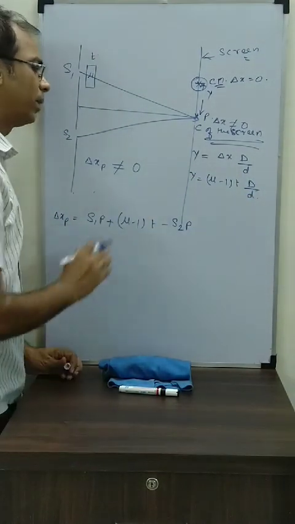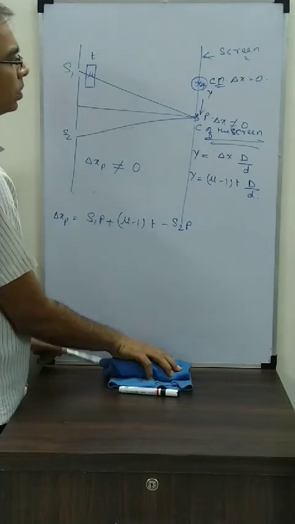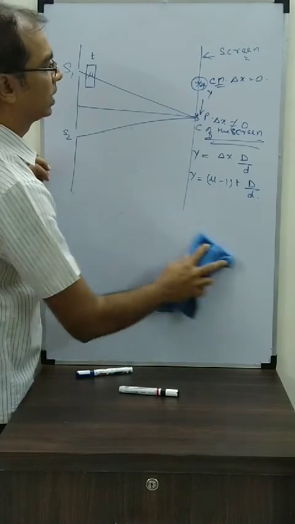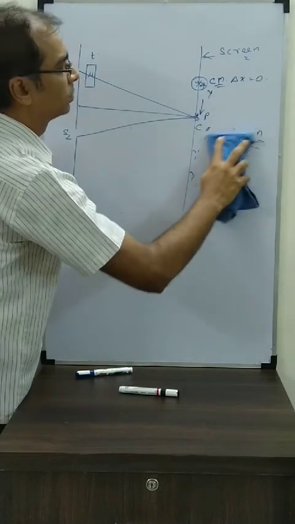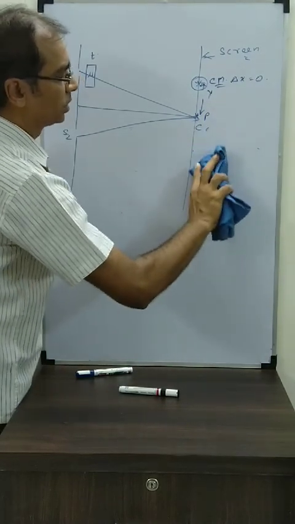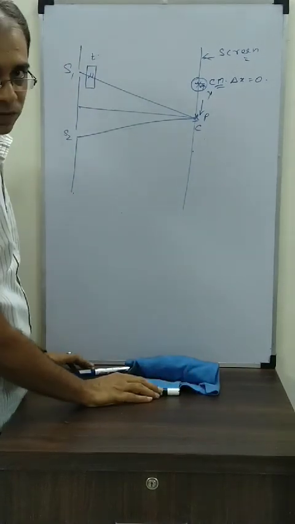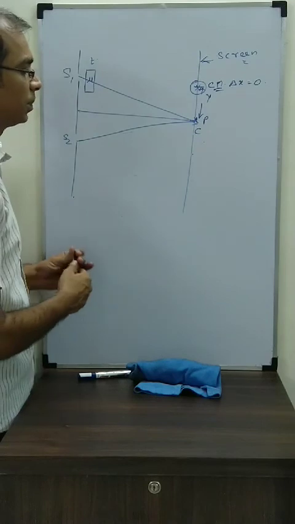Now, what do we want? Since we are saying that the central maxima position has shifted upwards, does it mean that the entire interference pattern has shifted? What is the interference pattern?